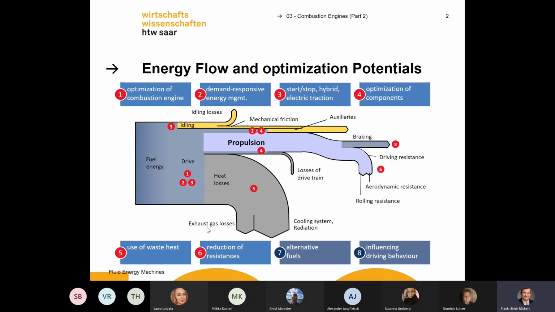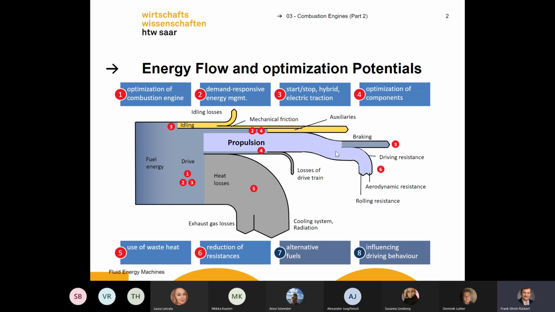You have exhaust gas losses of about 20 to 30%, and cooling and radiation losses, also about 30%. So if you don't use the heat, you can at least use 30% for mechanical work.